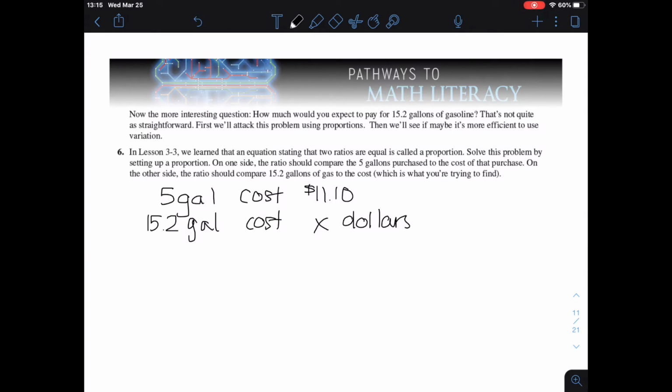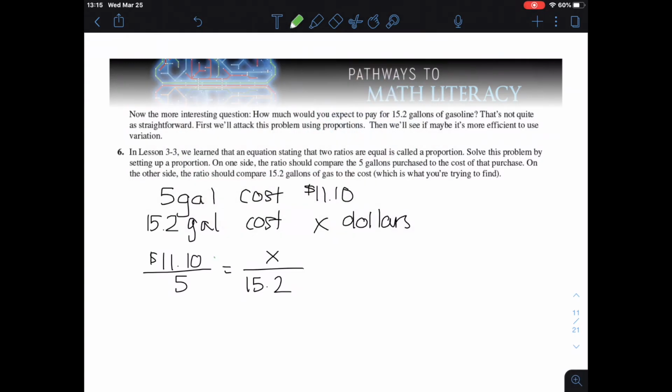We set up a proportion: $11.10 for 5 gallons equals X for 15.2 gallons. Basically this expression gives you the price per gallon, and these two ratios should be exactly the same. If you boil it down, it'll give you the unit rate for that gallon of gas.